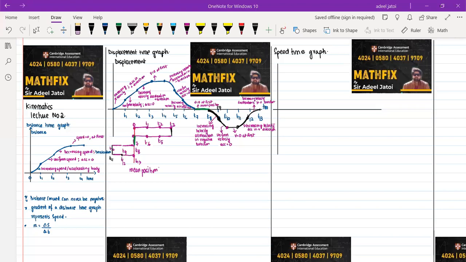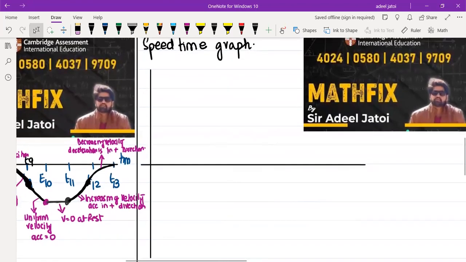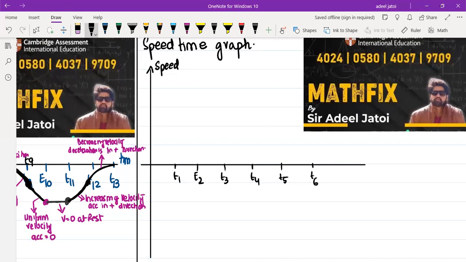Okay, ji. So let's just work upon the speed time graph now. So the y-axis represents speed and the x-axis represents time. So the same concept: T1, T2, T3, T4, T5, T6, T7.